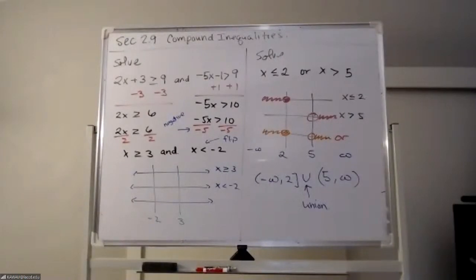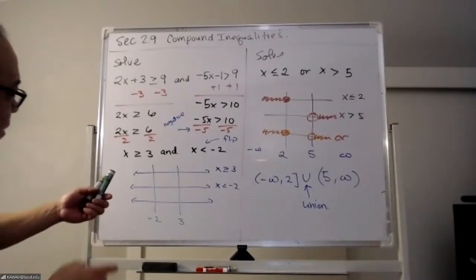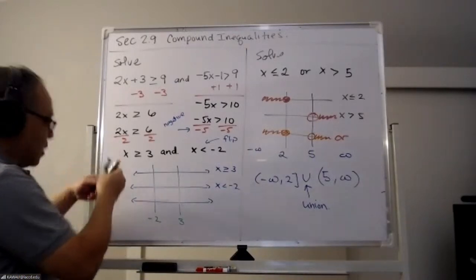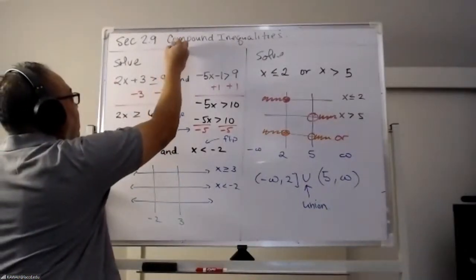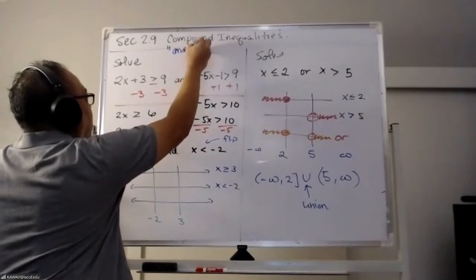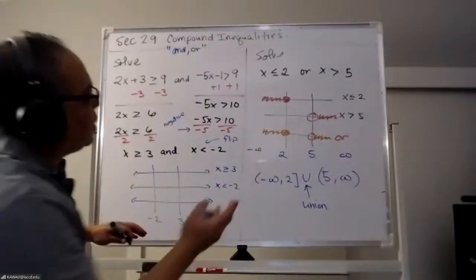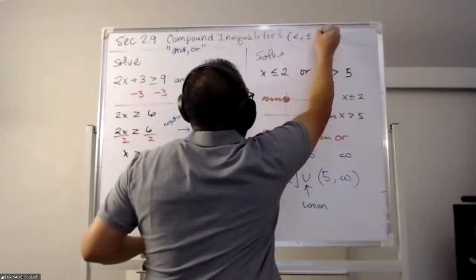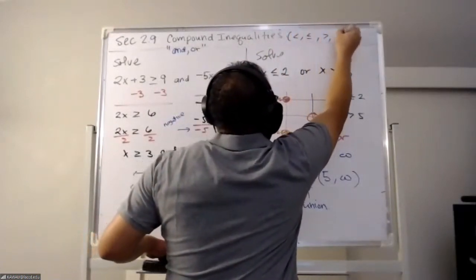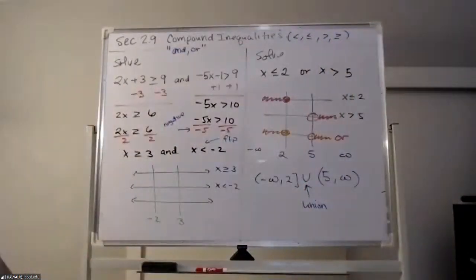The symbol that we flip, it's called a compound inequality. Oh, okay. So good question. The compound part means "and" and "or." The inequality is basically less than, less than or equal to, greater than, greater than or equal to.